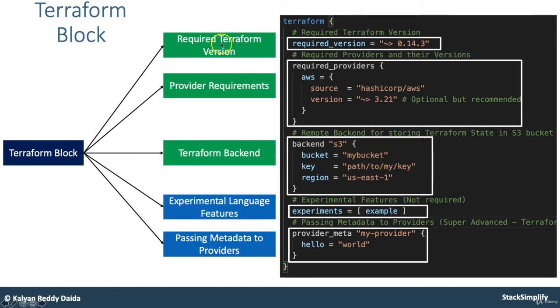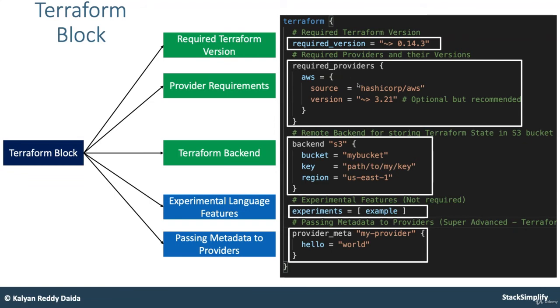In addition, we are going to look into the version constraints concept, which is nothing but tilde, greater than, equal to greater than and equal to. Based on the operators you put here, we will see how the versioning information is handled in Terraform. We will look into version constraints for the required Terraform version and also for provider versions, and then close this section.